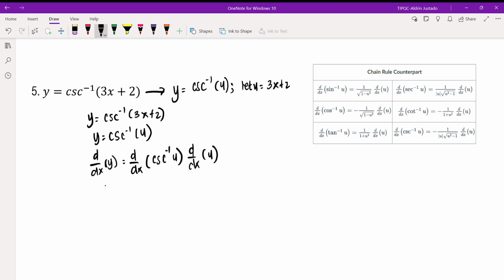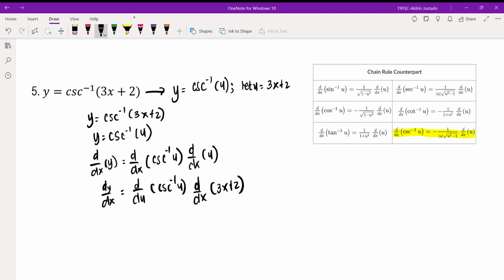Okay? dy over dx is equal to d over du of arc cosecant of u times the derivative of your 3x plus 2. Okay? So, arc cosecant, ito yun. Yan ang gagamitin natin.